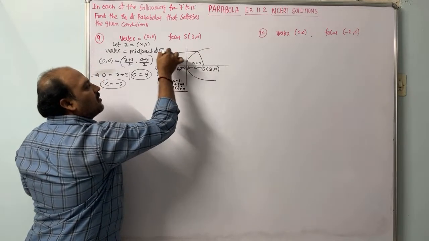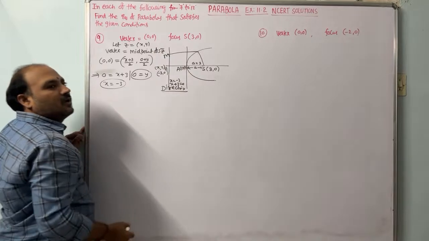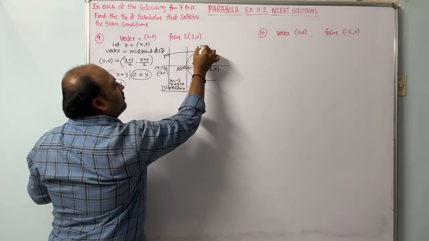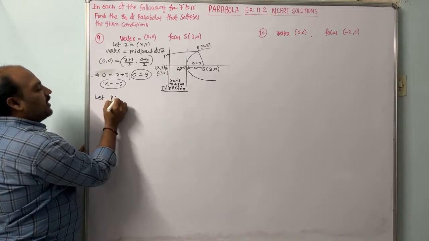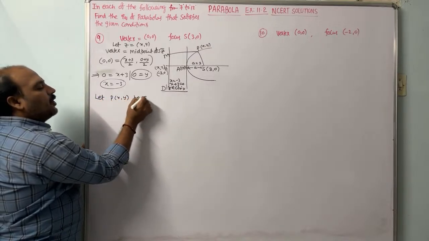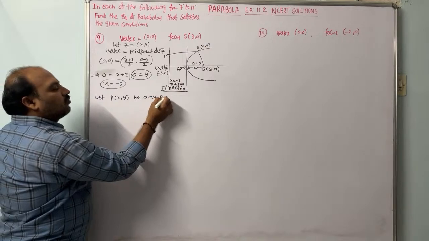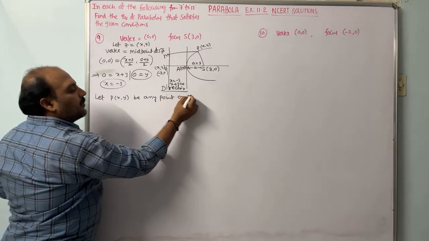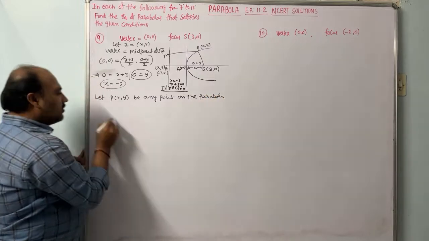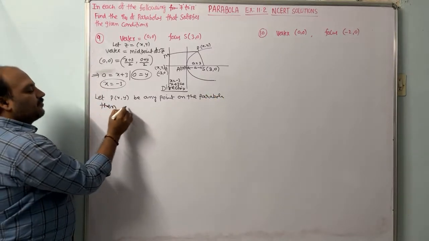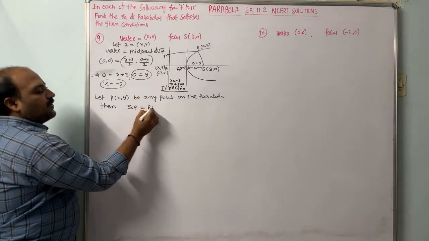Like the previous problem, we can consider SP equal to PM. Let P(x, y) be any point on the parabola. Then we have SP is equal to PM.